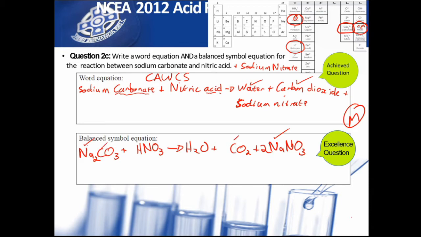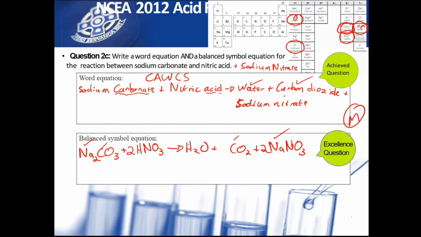Now remember the carbonate. A carbonate always stays together, the same with SO4 and so forth. These guys always run together. Anyways, how many hydrogens on this side? There's one. How many hydrogens on this side? Two. How do we fix that? We put a 2 in front of it.